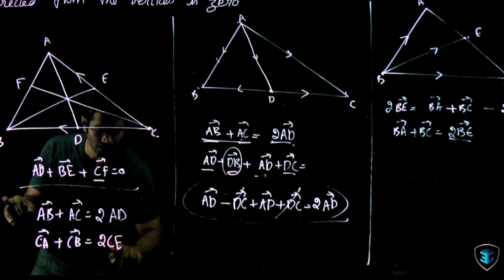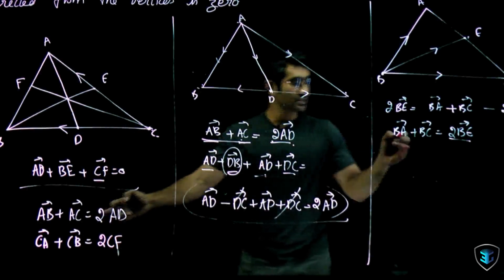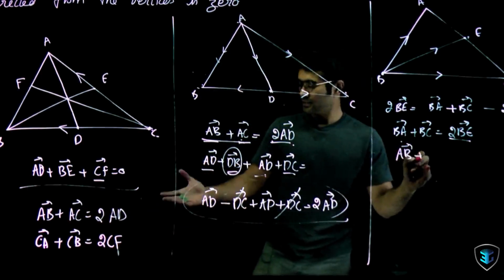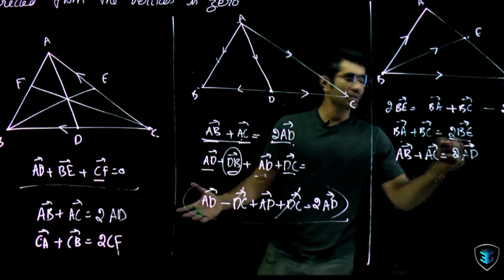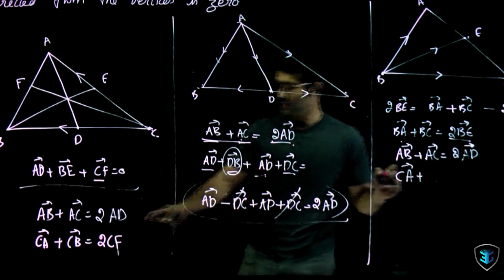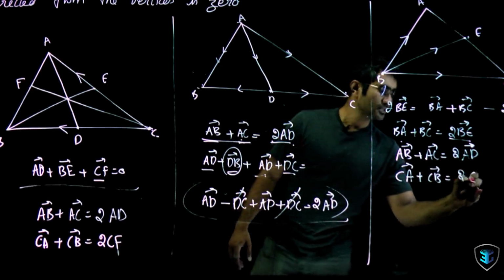Okay, so very, very simple. Now we have 3 equations. Let me write that. I got this equation here already. I have another equation that is AB plus AC is 2 times AD. And the last one I got was CA plus CB is equal to 2 times CF.